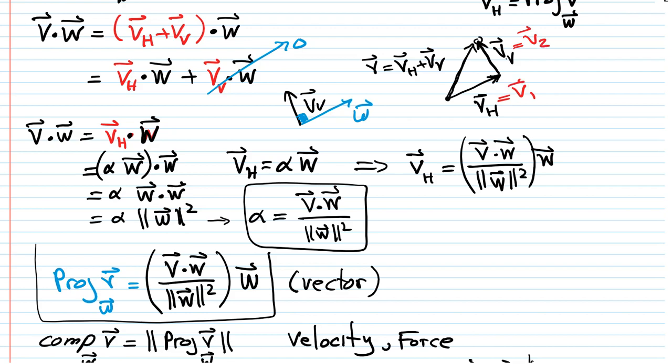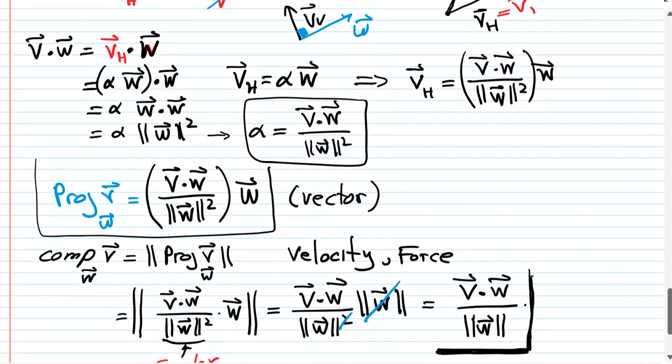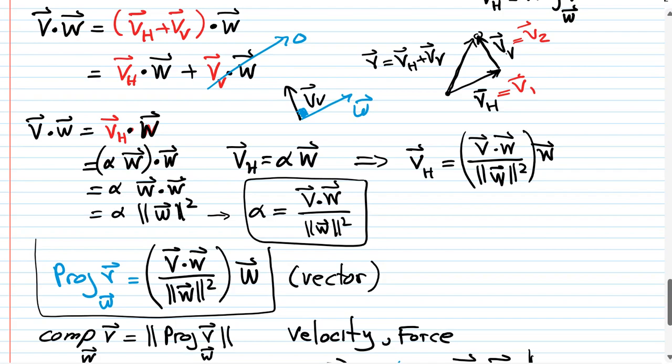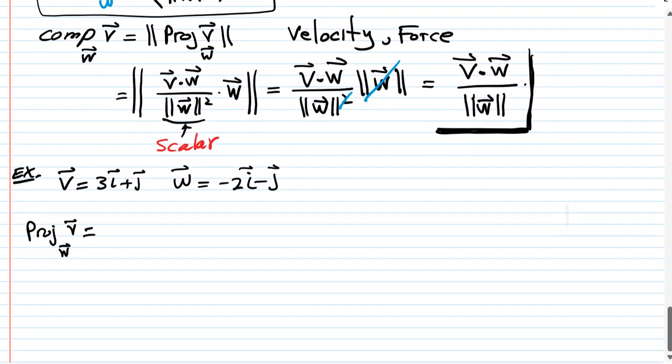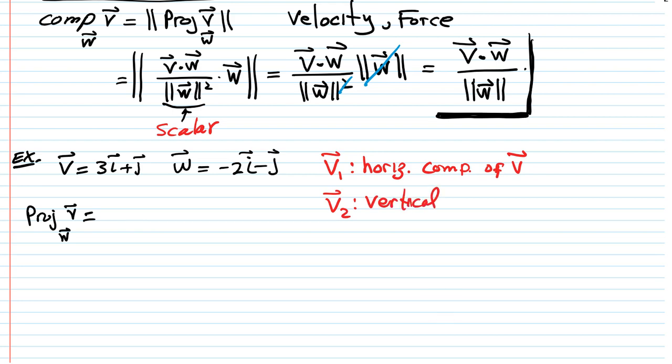So if you use your book or the help functions of the software we're using, you see v1, v2. v1 is the horizontal component of vector v, and v2 is the vertical component of the vector v. And the projection of v onto w, I call vh, which your book calls v1.